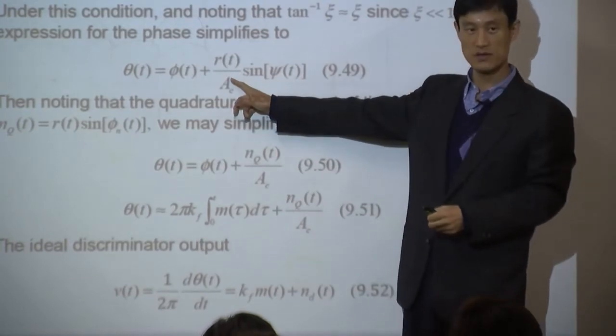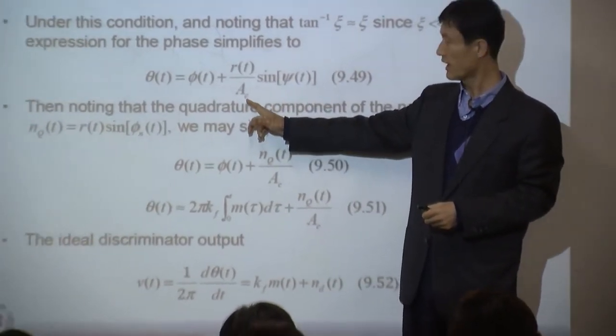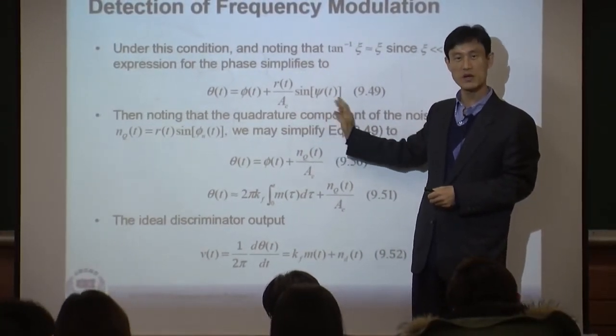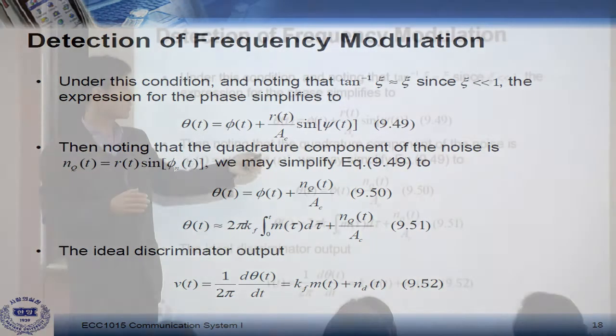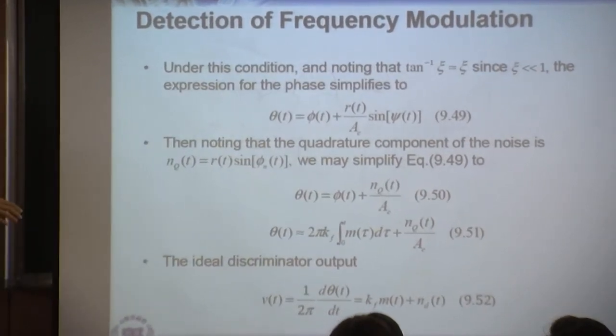And on the bottom, we had A c plus R cosine, but we drop the R t cosine because A c is much bigger. So we can simplify the phase of your x t this way. This one is the phase of the noise, the phase of x t.